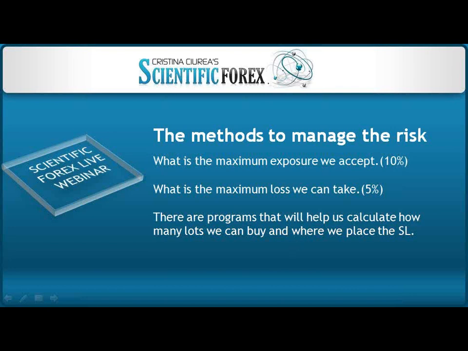Of course, there are programs that help us to calculate how many lots we can buy and where we place a stop loss. Actually, you have one example of this type of calculation in the manual.